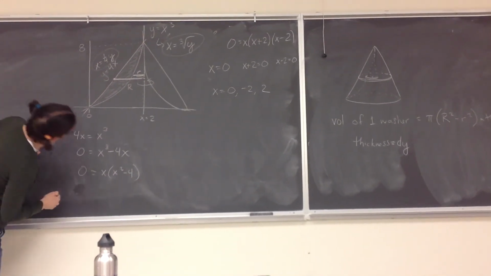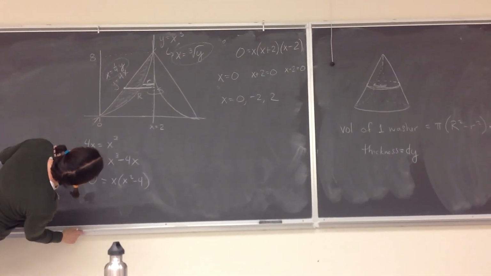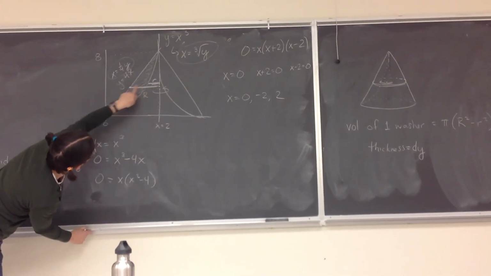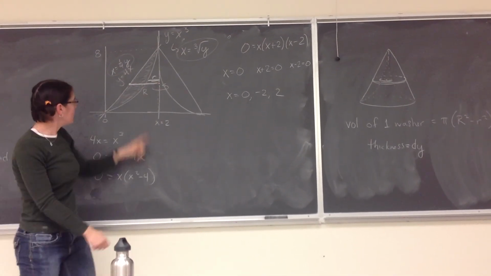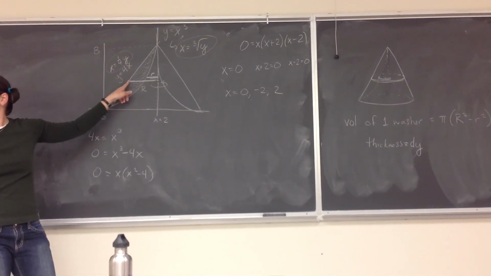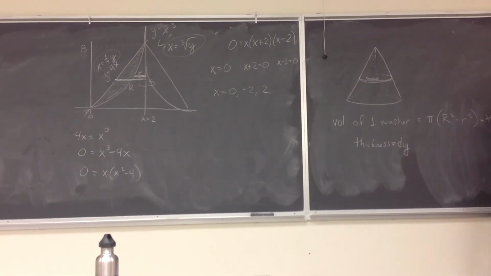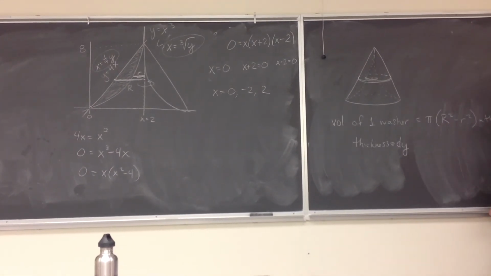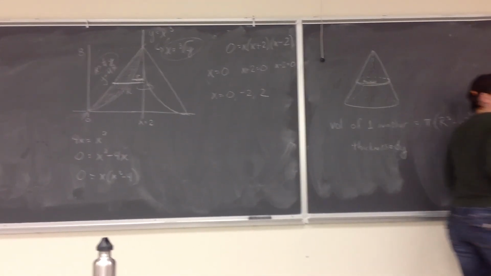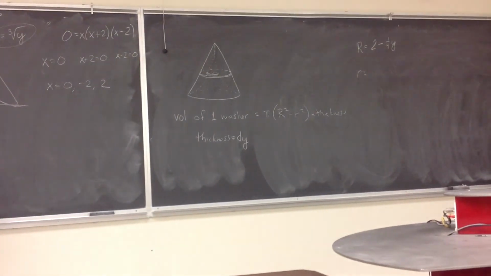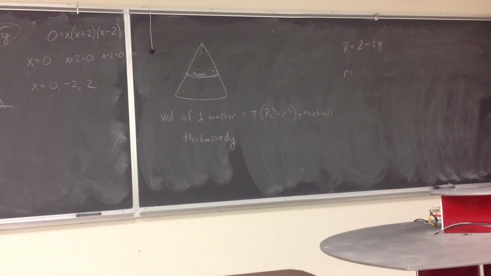So I can kind of turn my head on the side and say, okay, the top of this radius strip here is on x equals 2, and the bottom is on the straight line. So my top is 2, and my bottom is 1/4 y. All right, are there any questions about writing that part down?